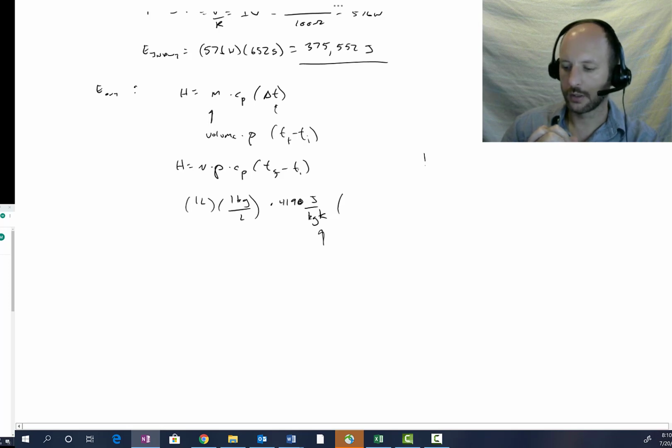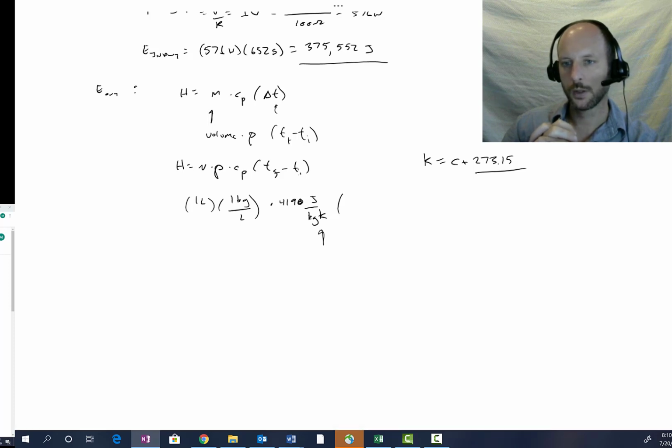However, there is a little trick to that, and that is that Kelvin and Celsius are related by a very simple equation where they're just offsets from one another, 273.15. And so if I converted both TF and TI over to Kelvin, the 273's, once I took the difference, would just cancel. So long story short, the difference in degrees Celsius is the same as the difference in degrees Kelvin.